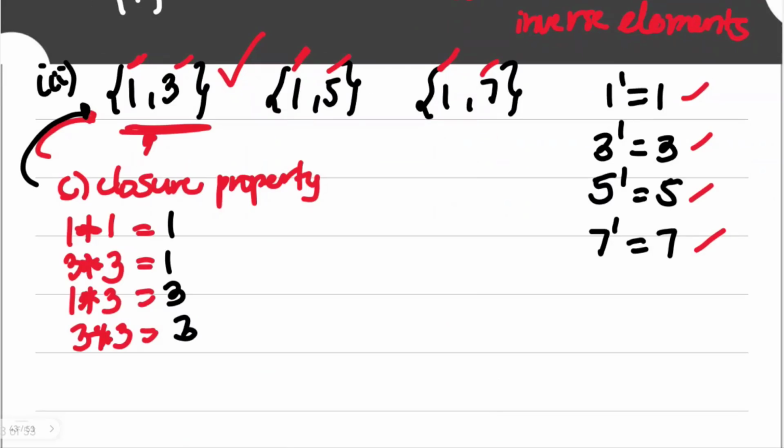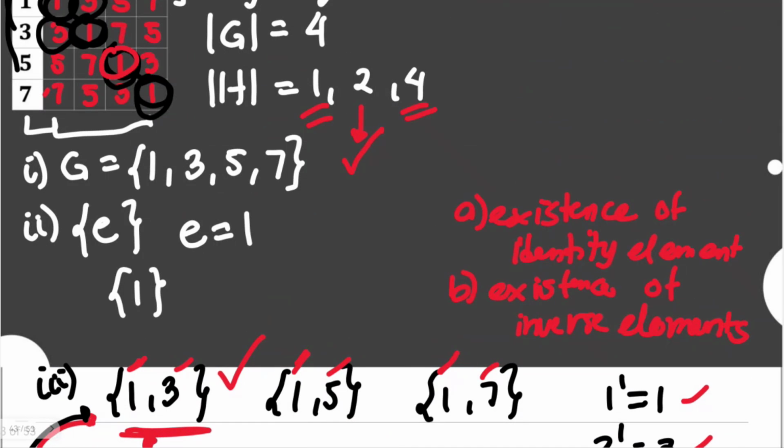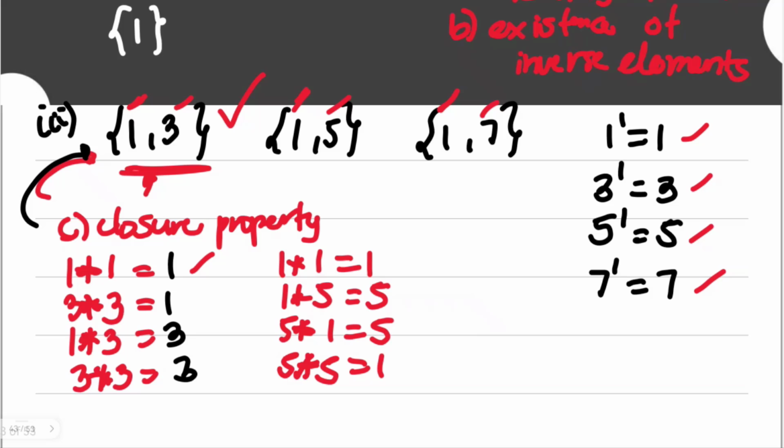Looking into this, by closure property, 1 star 1, 1 star 5, 5 star 1, 5 star 5. So 1 star 1 is 1 based on this. And since 1 is an identity, they return to 5. How about 5 star 5? It's also equal to 1. So sorry, if you were not able to follow, 1 star 1 is just a duplicate of that.